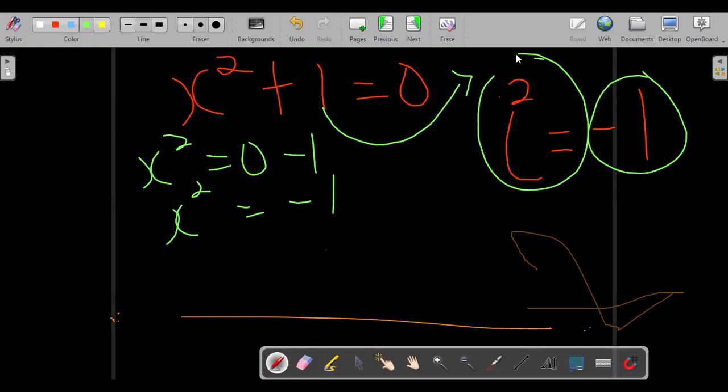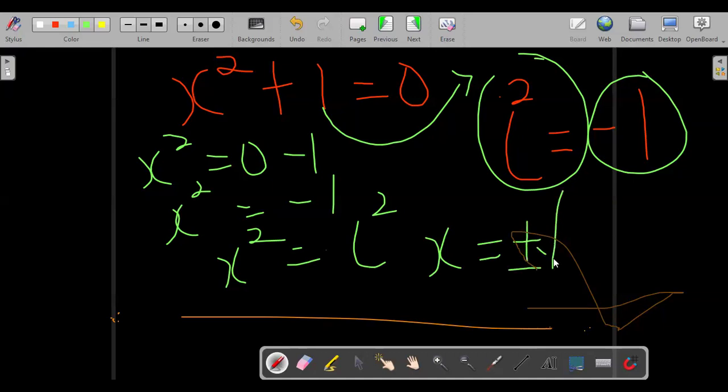Anytime you're taking a square root, it must be either plus or minus. The square root of i squared is simply i. So my x is plus or minus i.